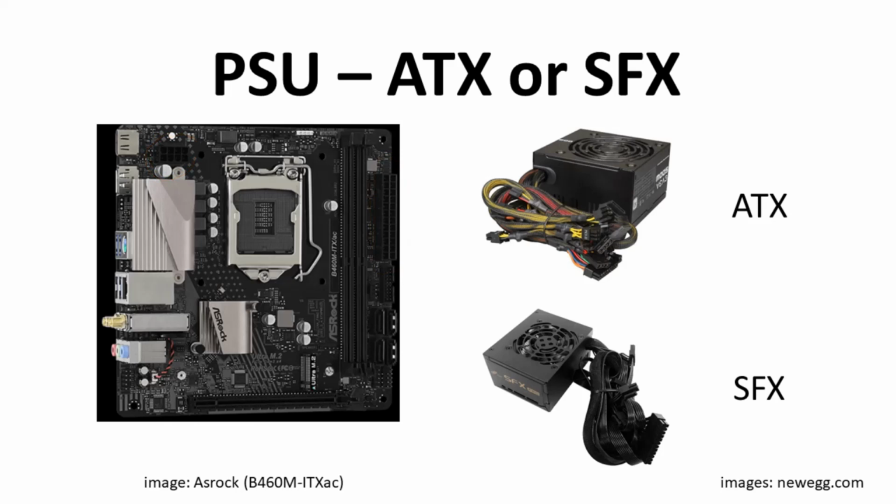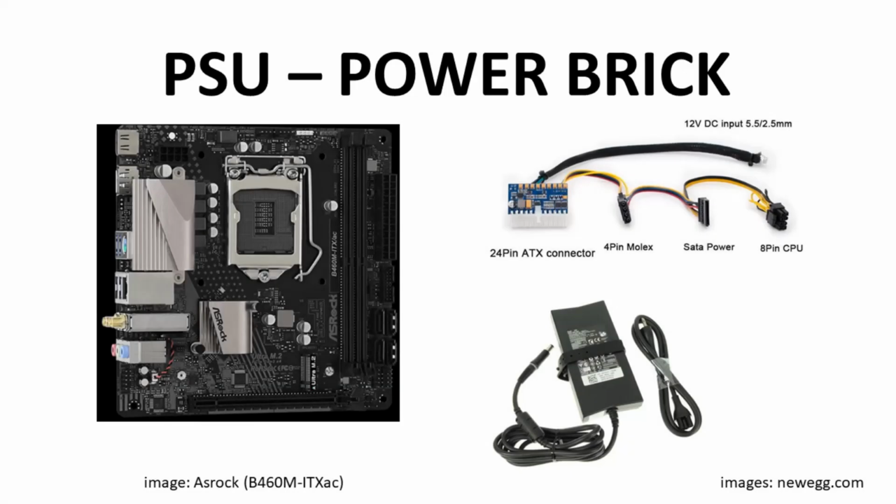Some smaller cases require an SFX PSU. The connections are the same, any smaller, and the PSU gets ejected from the case. For a smaller PSU, you need to use a power brick. The motherboard connects via its 24-pin connector to something called a Pico power supply.